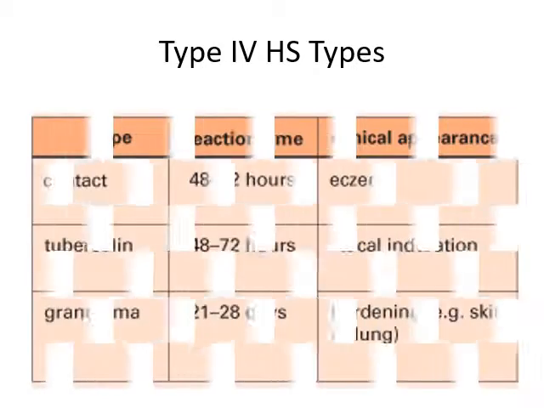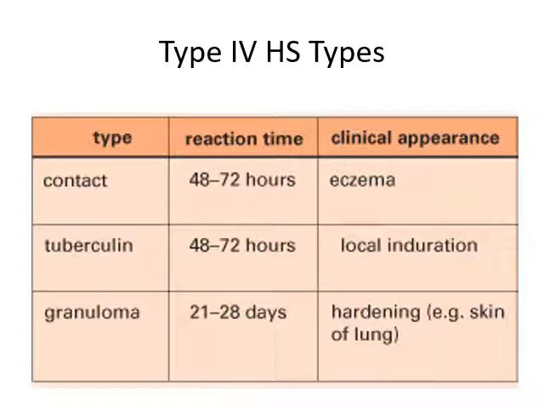Now, type 4 hypersensitivity reaction can once again be classified into three different varieties. The contact type, over here, the hypersensitivity reaction would happen within 48 to 72 hours and usually presents as eczema on skin.